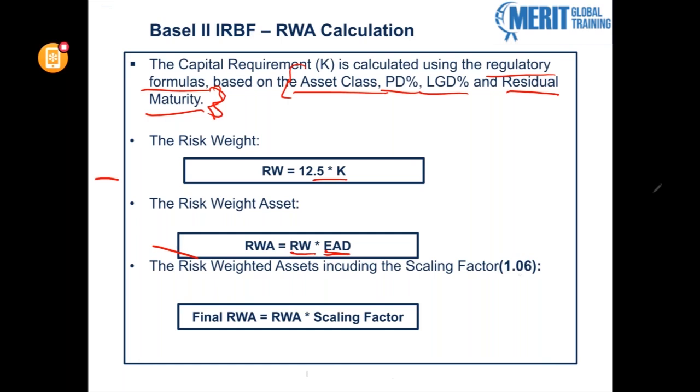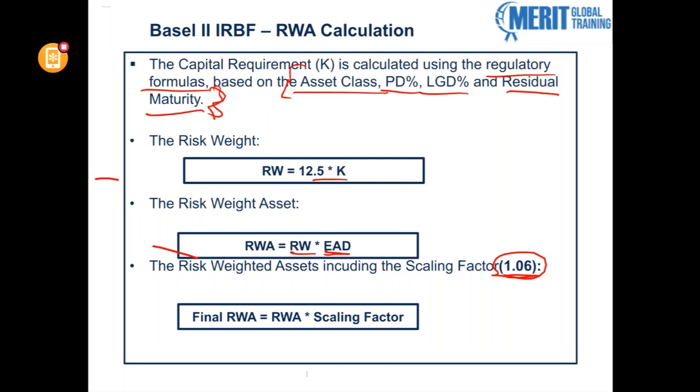And the risk-weighted asset includes the scaling factor. We've discussed this last week. It's just a factor that is applied to the RWA. After we calculate our RWA, we increase it by 6%. That's what this scaling factor is all about, because banks are using their own internal rating models, and in a way, the regulators feel there is a need to increase the RWA that banks calculate using their internal rating based approach, because generally RWAs calculated using the internal rating based approach are lower than RWAs calculated using the standardized approach.